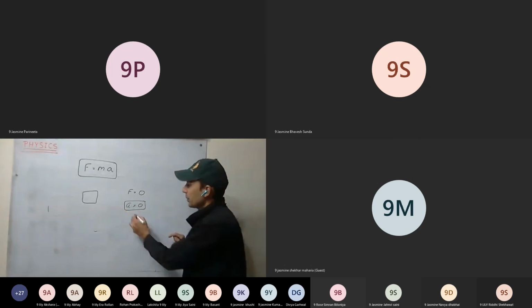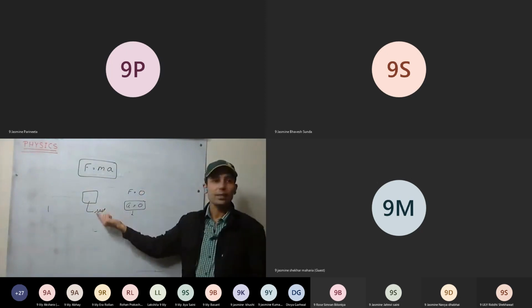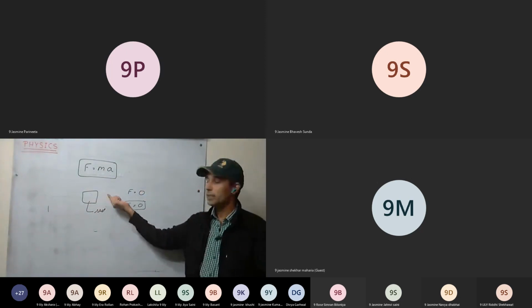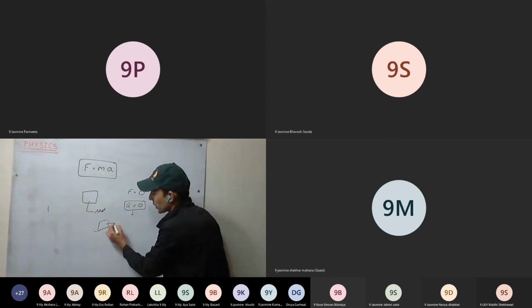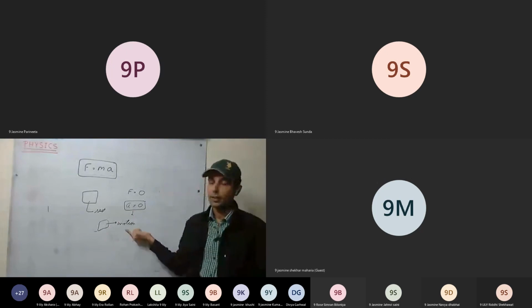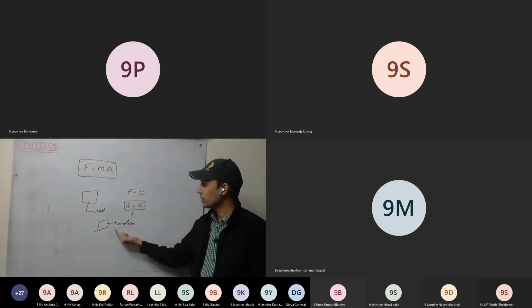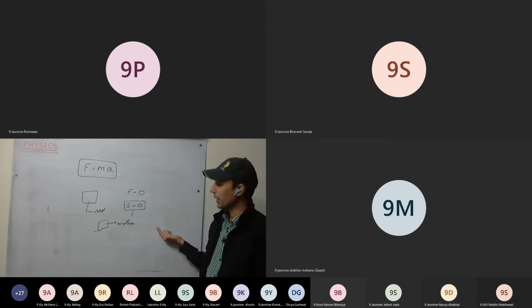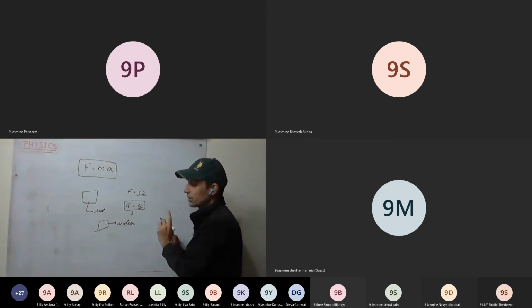What does it mean? It means that if the body is at rest, it will remain at rest. There will be no change in the velocity. Or if a body is in motion, moving with uniform velocity, with the same speed in the same direction, and force is not applied, acceleration is 0.